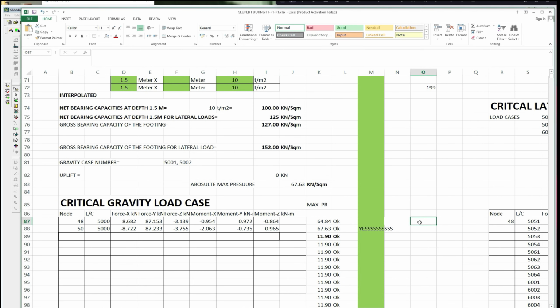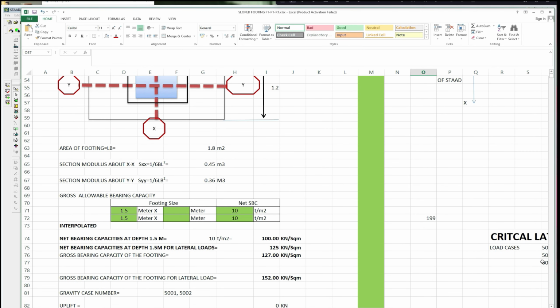So our size is okay, and we can reduce this a bit and see.